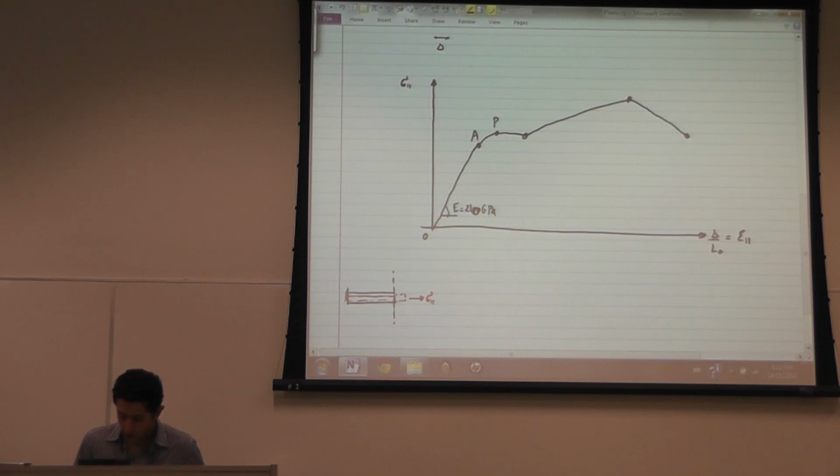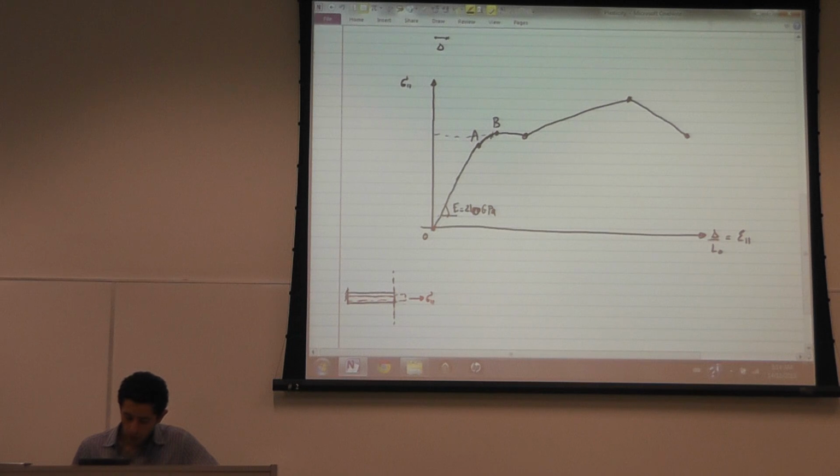There is another point, B, where the relationship becomes slightly nonlinear. However, it's still elastic because if I apply this stress and then remove that stress slowly, I follow the same curve and go back to the 0 position.